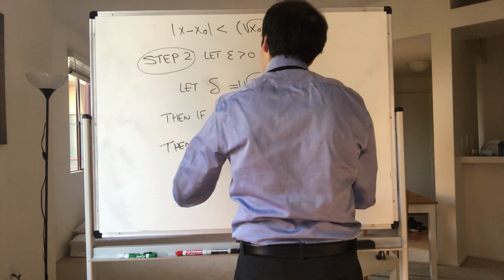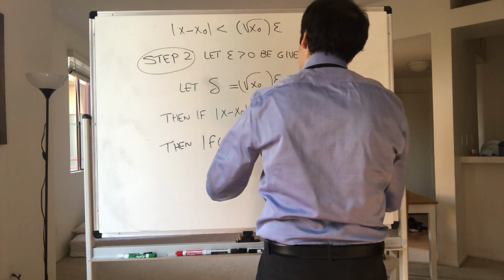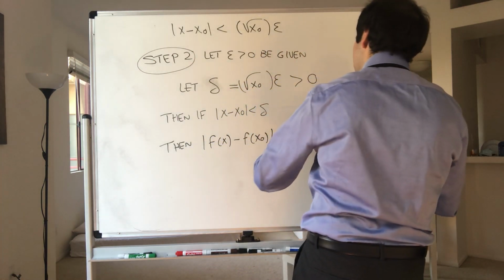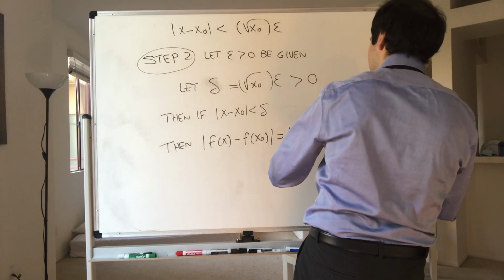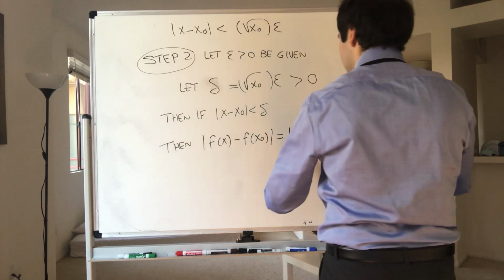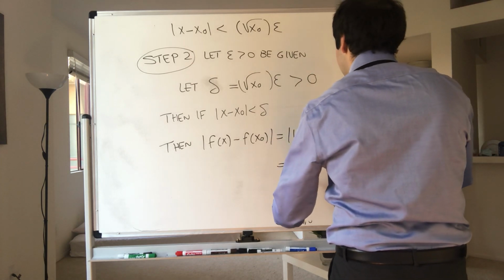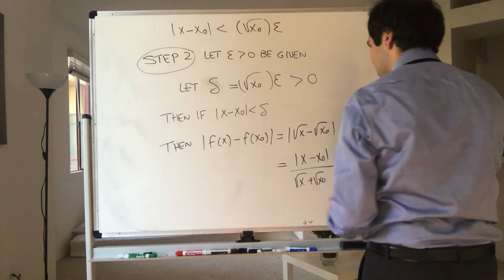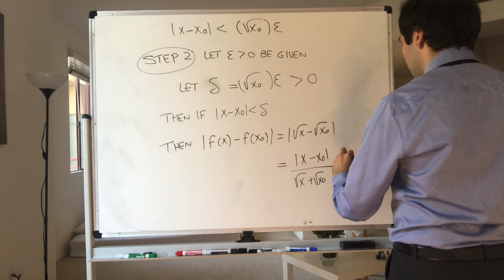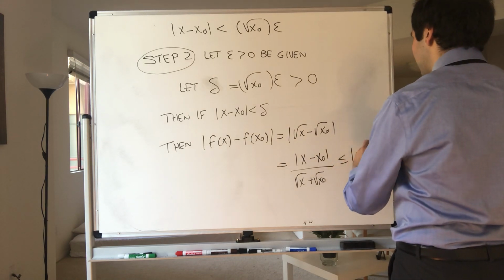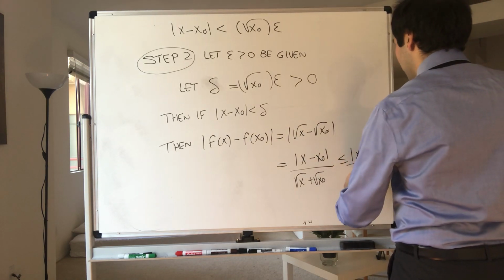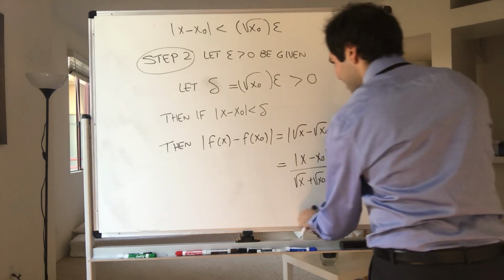f of x minus f of x naught, that is square root of x minus square root of x naught, which we were able to transform into |x minus x naught| over square root of x plus square root of x naught, which now becomes less than or equal to |x minus x naught| over square root of x naught.